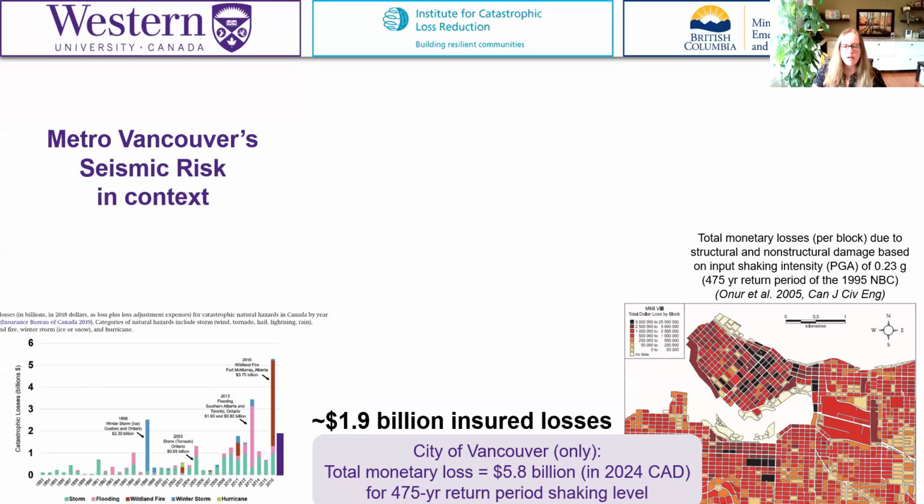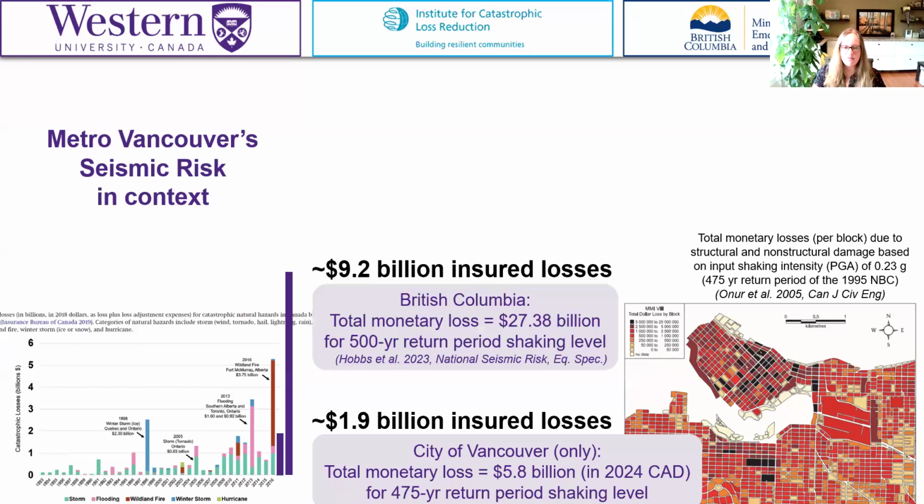And the most recent studies, there's a national seismic risk model created by the federal government very recently, and they anticipate the total monetary loss for a 500-year return period for British Columbia to be almost 9 billion, let's say, in insured losses. And so Metro Vancouver is somewhere within here.